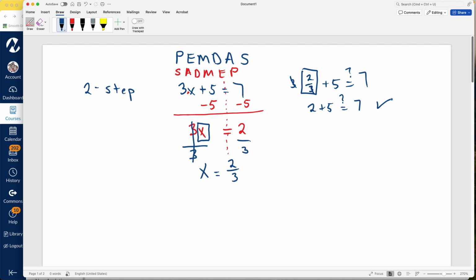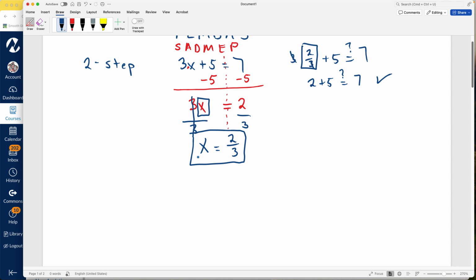We can always check our answers. But sometimes a check is more work, and so as long as I'm careful and did it, I usually don't like working with fractions either. So I just, okay, I think I did everything right. There we go. Put in your answer, check it. But that's a 2-step, right? So the 2 steps, we're doing the opposite things, but we're also doing them in the opposite order. Okay.